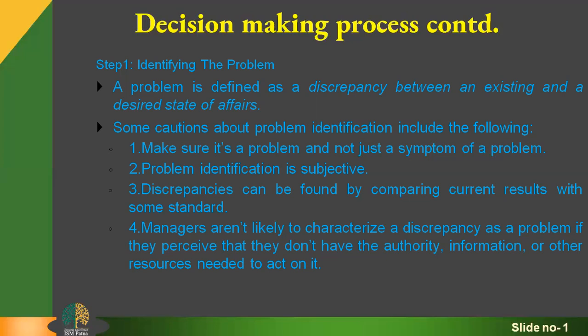But in this scientific process, as you see in the citation, a problem is defined as a discrepancy between an existing and a desired state of affairs. That means you cannot simply declare a problem as a problem on an ad hoc basis. There must be a scientific measurement for declaring a process or degradation of a process as recognized and accepted as a problem.